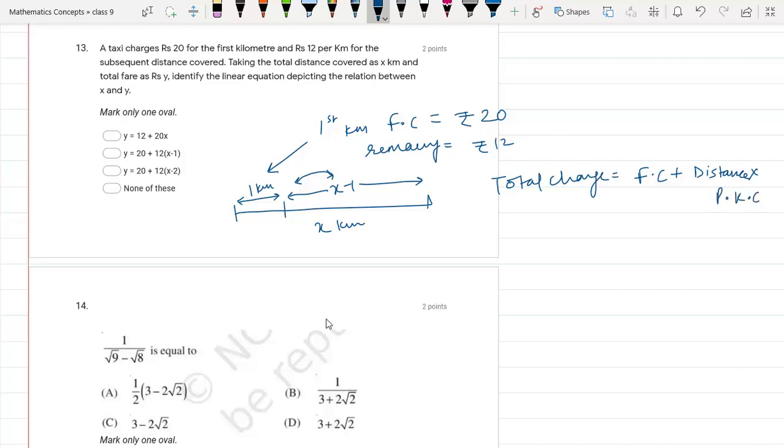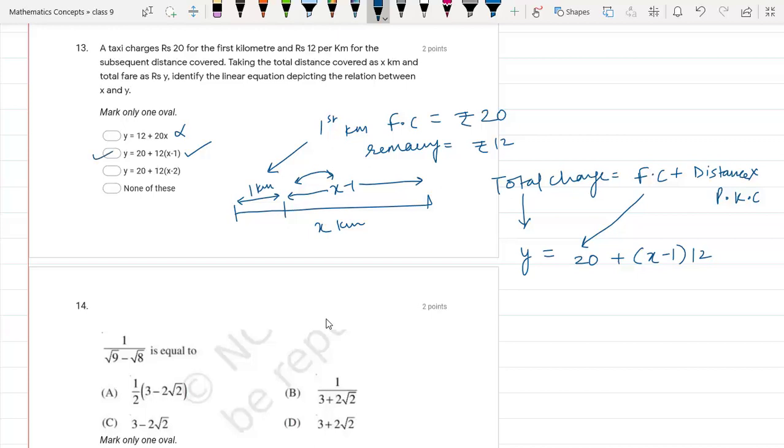Total charge we take as y is equal to the fixed charge, which is rupees 20 for the first kilometer, and the distance remaining, since we have assumed distance traveled is x, is x minus 1, and the per kilometer charge is 12. So the answer is y equal to 20 plus (x minus 1) into 12. Yes, it is correct.